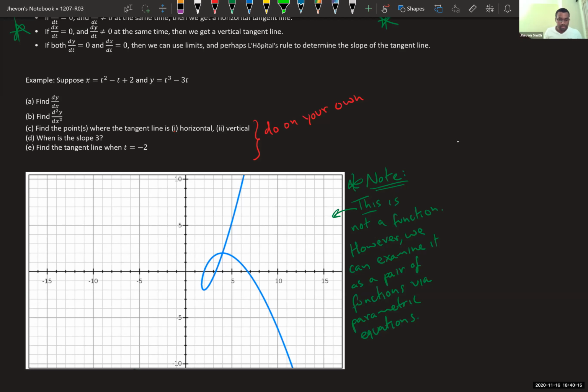Okay, so let's actually do parts A and B for you.